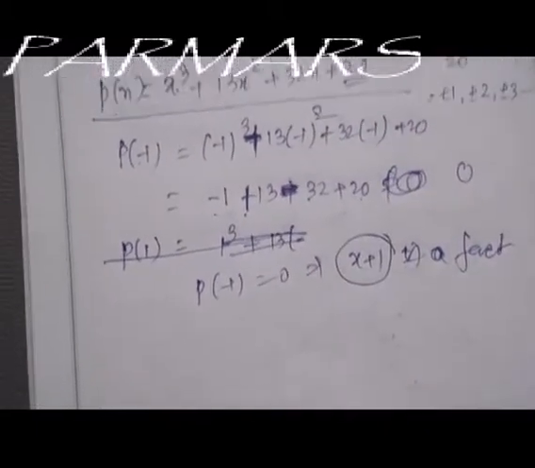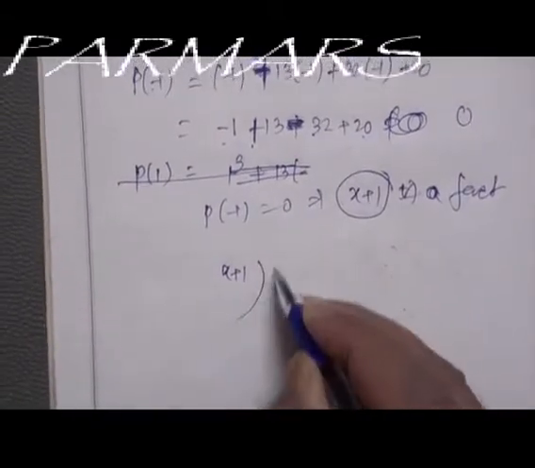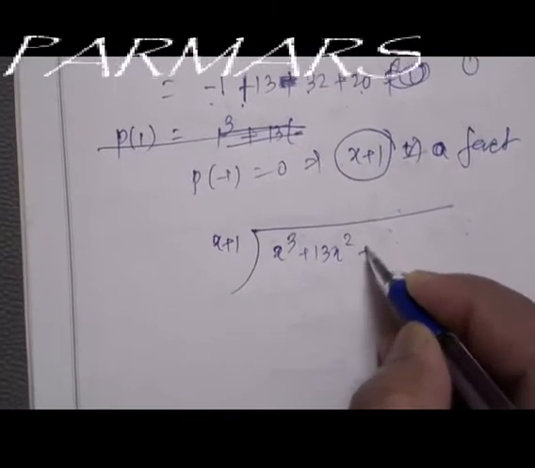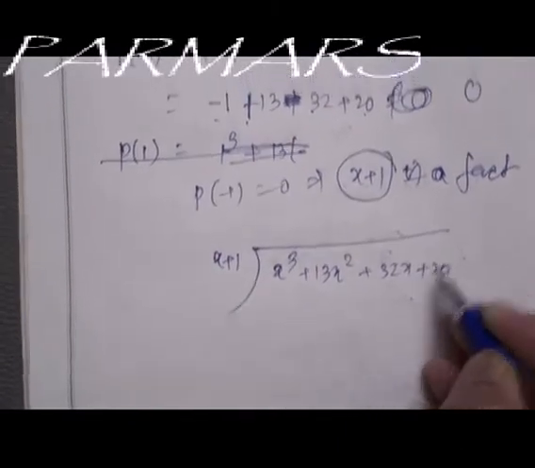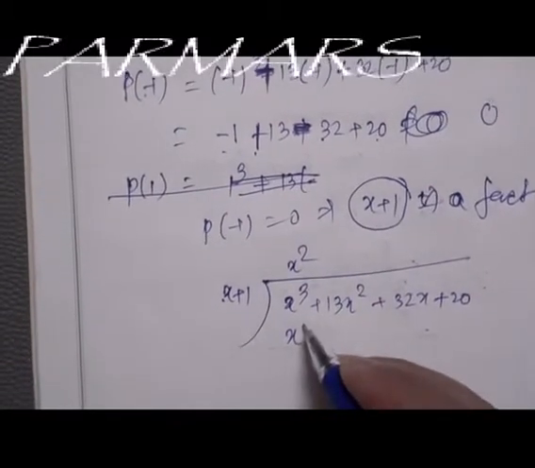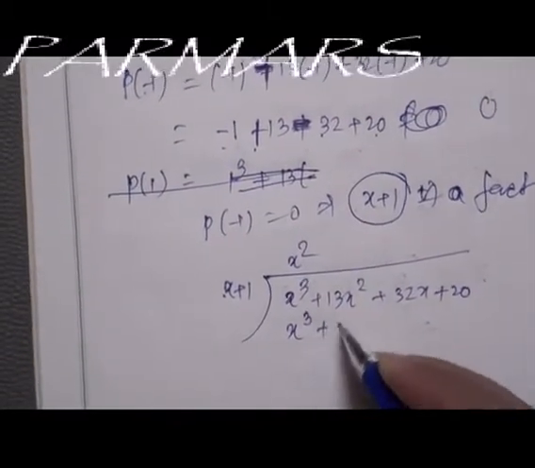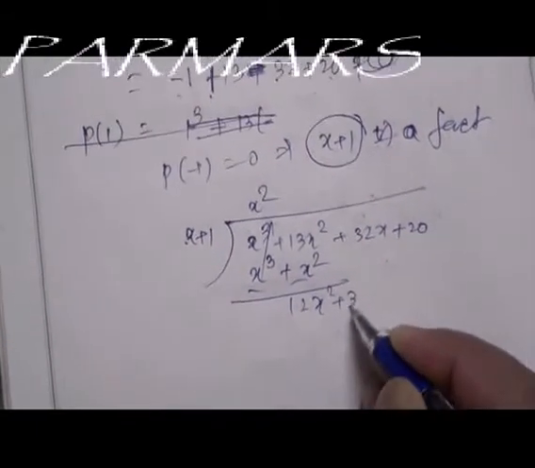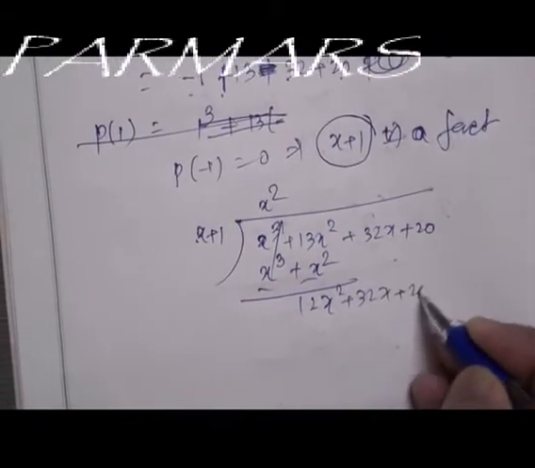तो एक फैक्टर निकल आया. अब मैं आपको बताने जा रहा हूँ कि आप क्या करो कि x plus 1 से ही डिवाइड कर दो सीधे डायरेक्टली. x cube plus 13x square plus 32x plus 20. X cube and x, so x square. X cube plus x square. Subtract, here you get 12x square plus 32x plus 20.